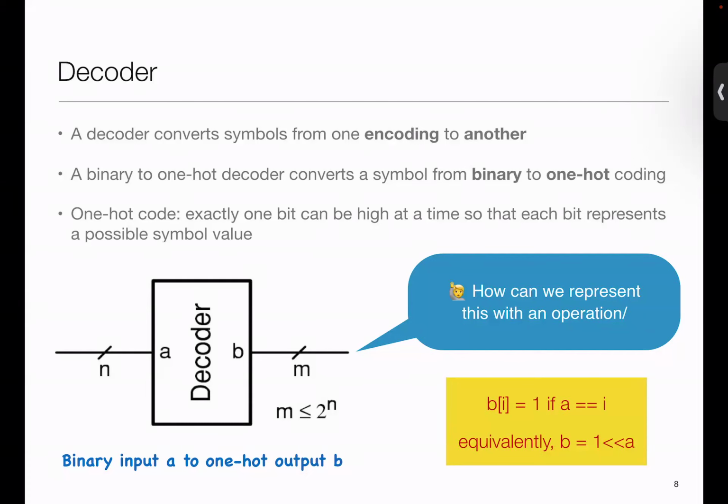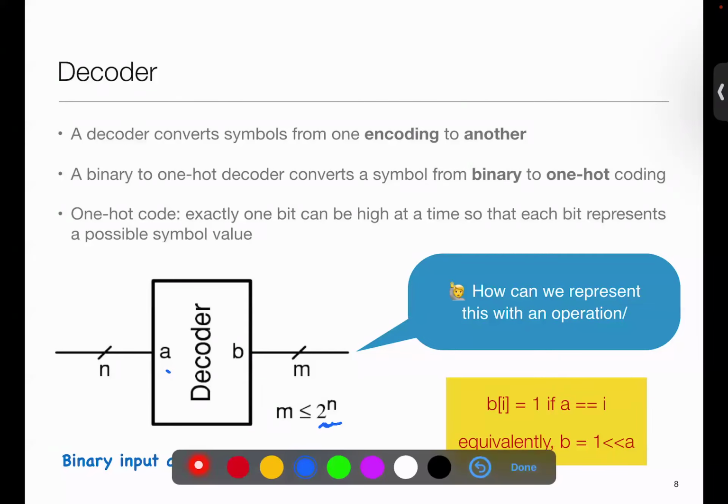So what we basically want to do is say that if input A has the value I, so if I think of the input A as a base 2 number, then the ith bit of the output B is set to 1, and all the other bits are set to 0.